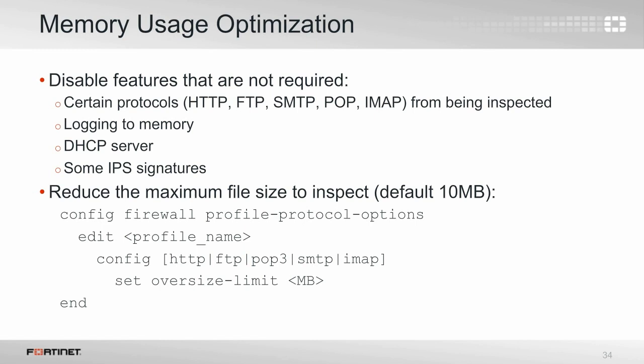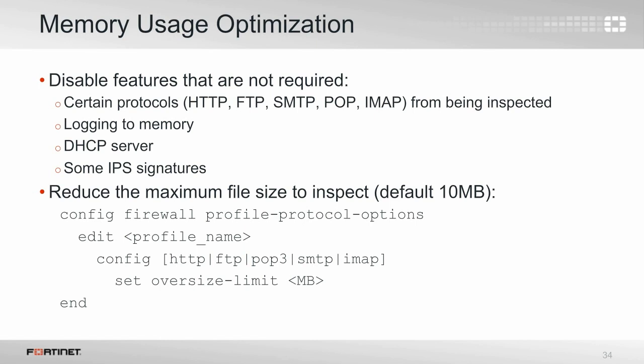The first and most logical step is to disable features that are not required. For example, if the network already has a FortiMail doing anti-spam, an administrator does not need to do anti-spam in FortiGate. Also, usually not all the IPS signatures are required.